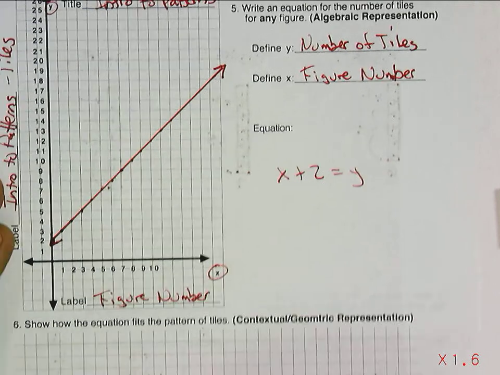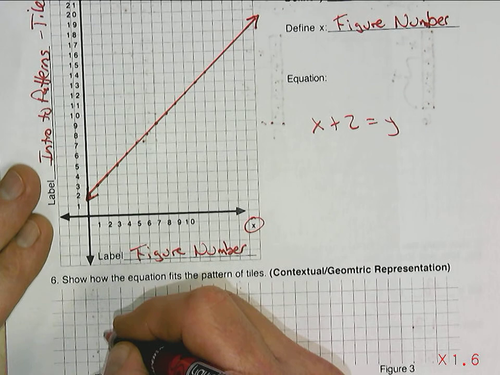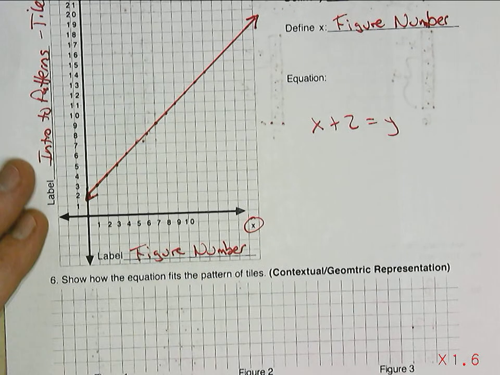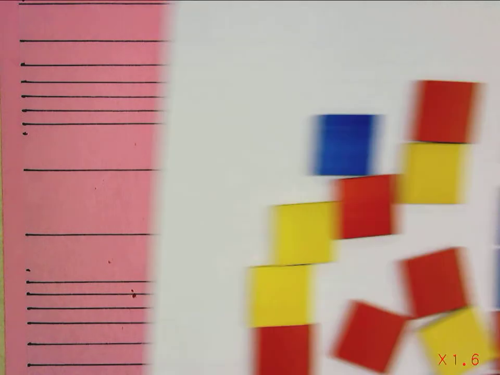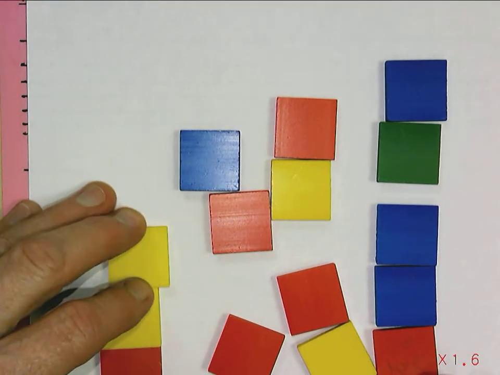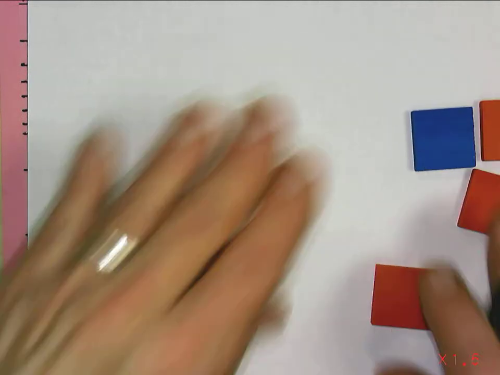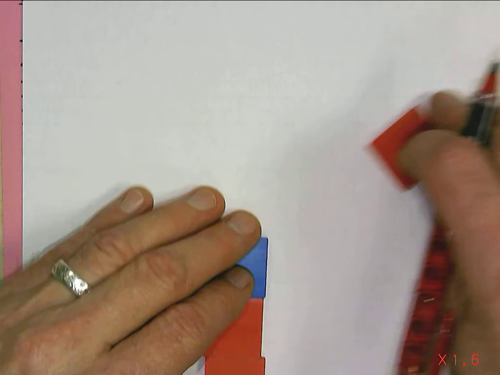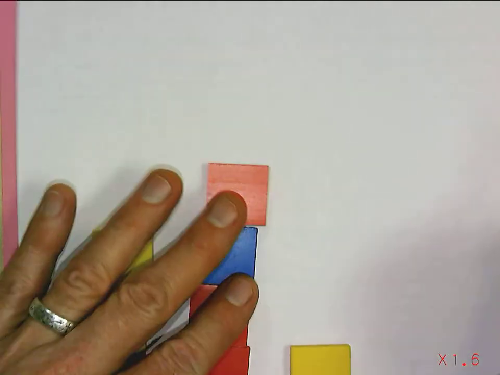Now if we want to put this into context in terms of a geometric representation, if I go back to figure 1, and remember when I was looking at figure 1, this is what I did with it. So here's my figure 1 and my figure 2 and my figure 3, so my original 3 figures.